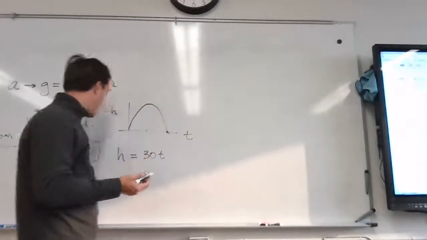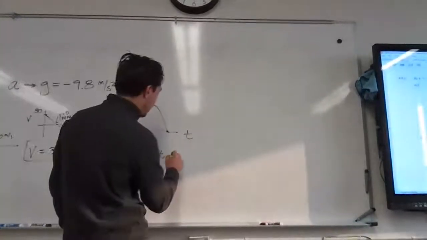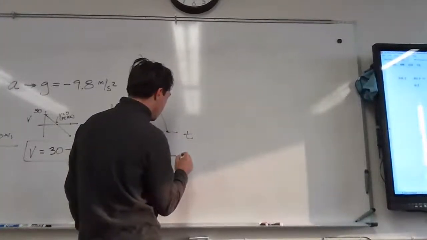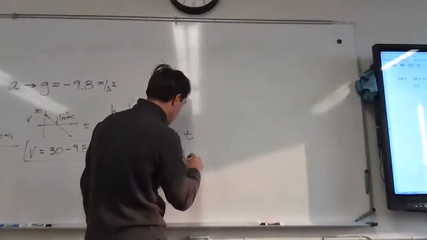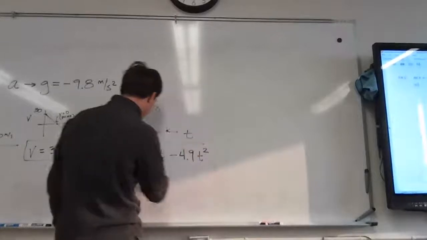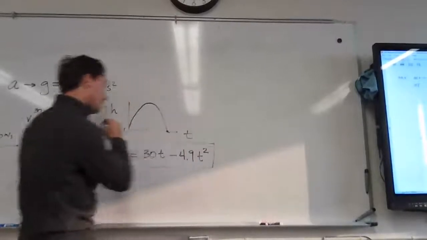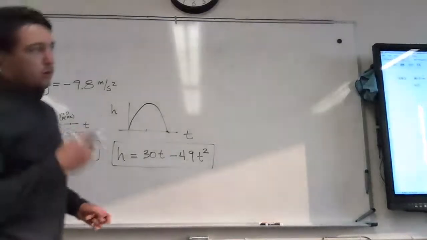But what's true about my A value here? Negative. It's negative, so it's going to be minus. Now what's half of A? 4.9. Cool beans? So that's question A.